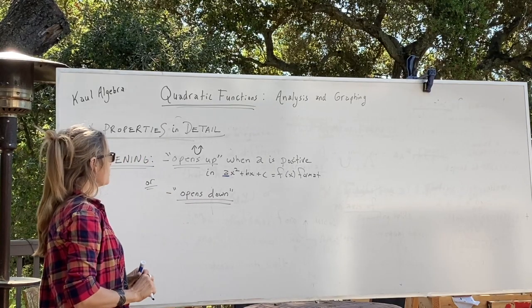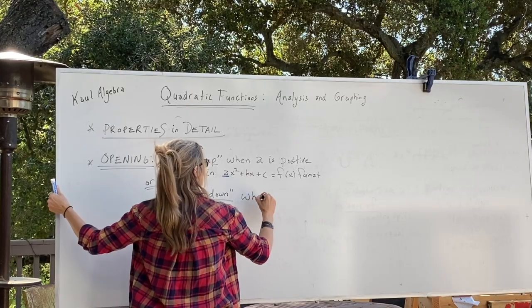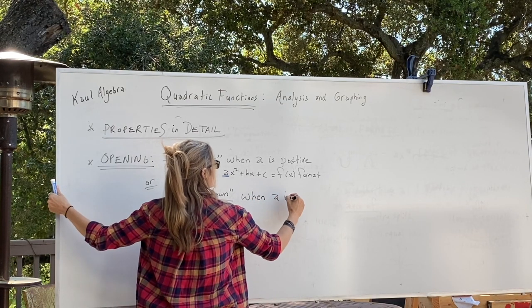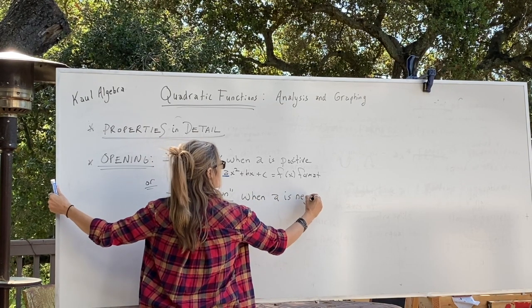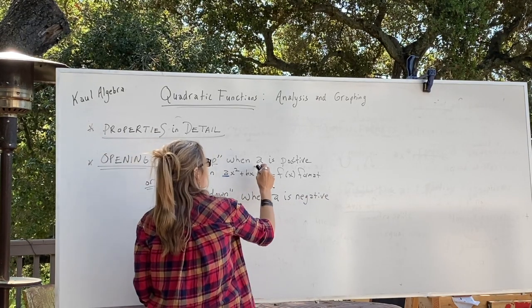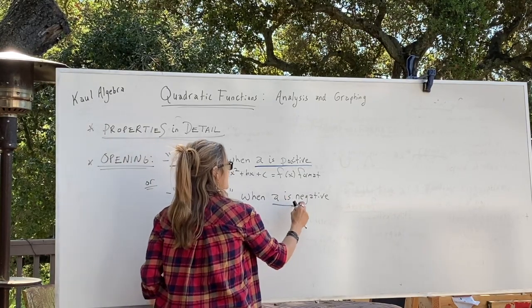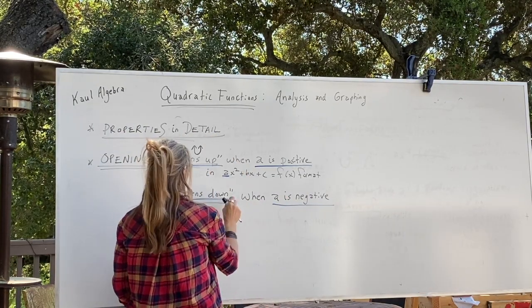A parabola will open downward when A is negative. So when A is positive, we have an upward opening, and when A is negative, we have a downward opening.